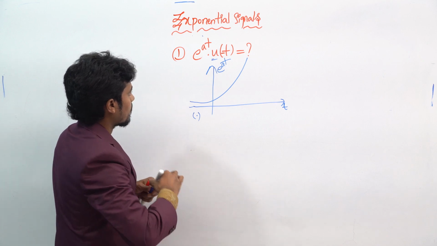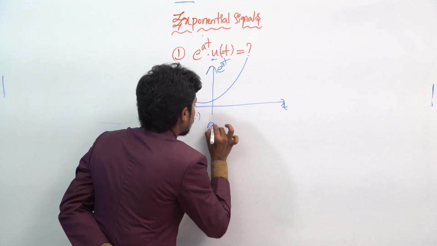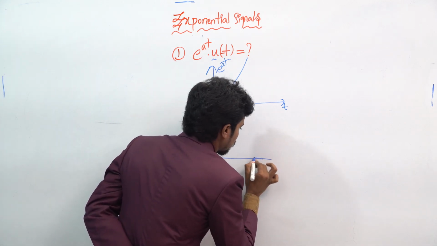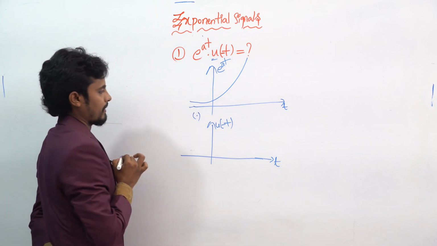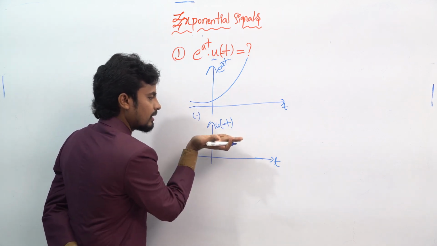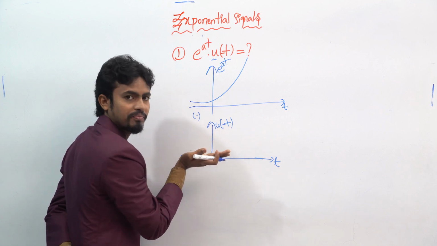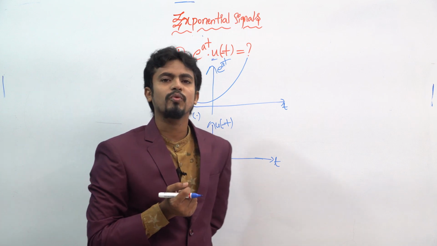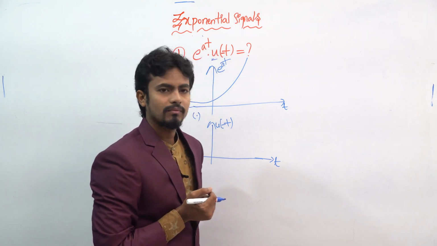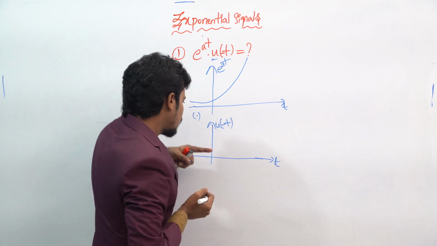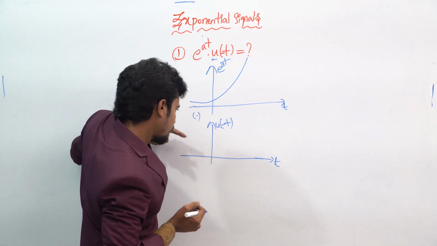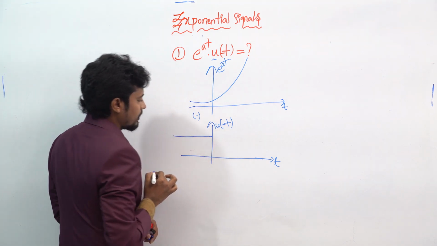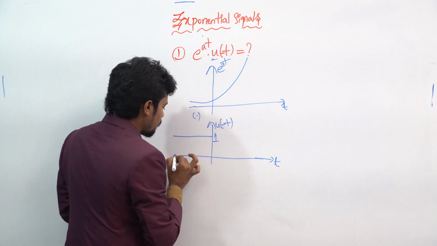So this will be the u of minus t plot. Here u of t means you will get the magnitude 1 like this on the right hand side. But for u of minus t you just have to reverse that line. Where you will get the one DC constant line here. This will be the reverse operation. Here you will get the magnitude as 1.